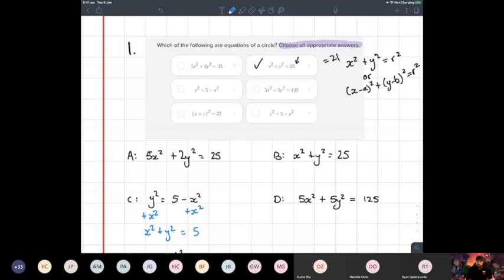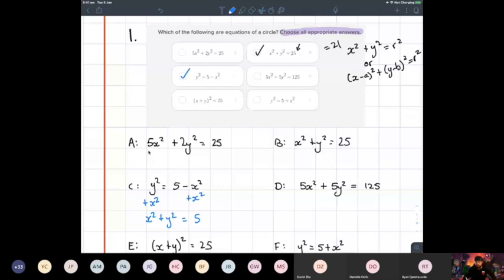Coming to option D, it's very similar to option A, but one thing that D has that's different is that there are common factors.